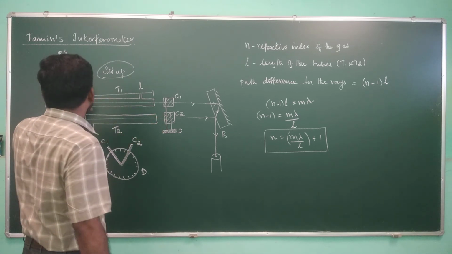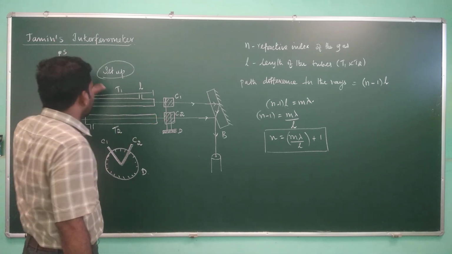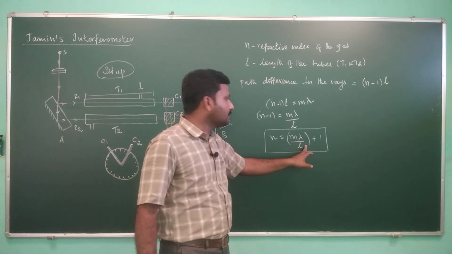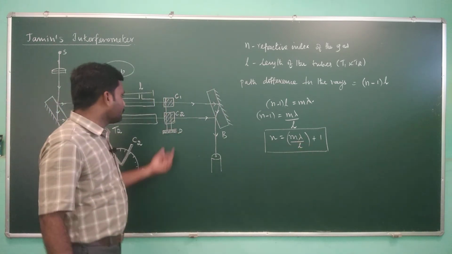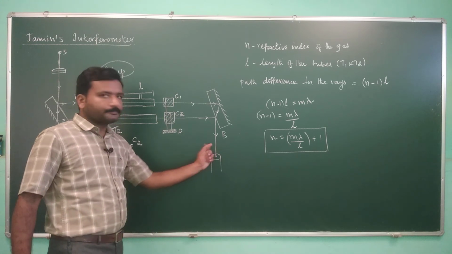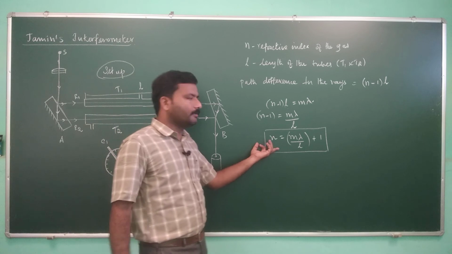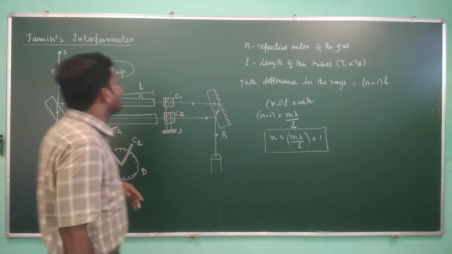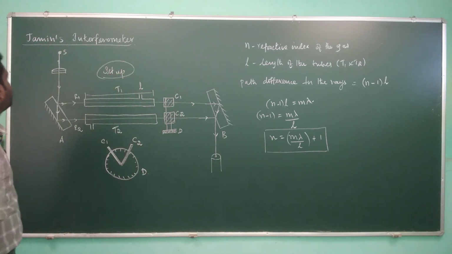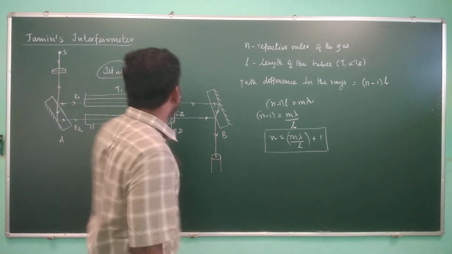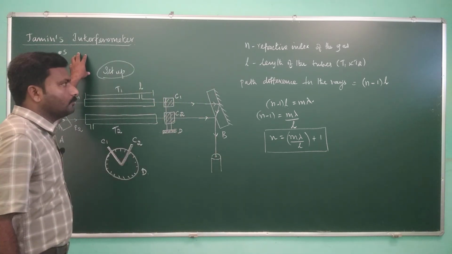For this experiment, the light source used and the length of the tube are predefined, so lambda and L are predefined. If you can count m, then the scale will automatically tell you the value of n, right? That is the idea. So this is a simple experimental setup for calculating the refractive index of a gas material. It is named the Jamin interferometer.